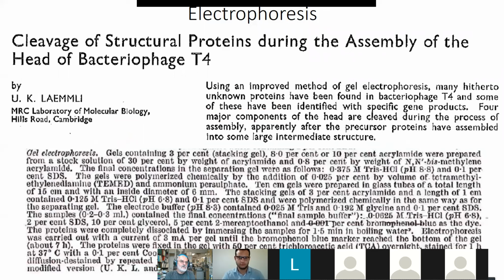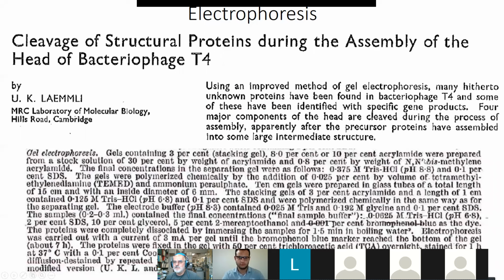All right, now I also gave you this paper to look at. This is a description of one of the first, I think the first description of discontinuous gels. Okay, and it describes mixtures of a stock solution. So notice the stock solution is 30%. I told you that's what I use.